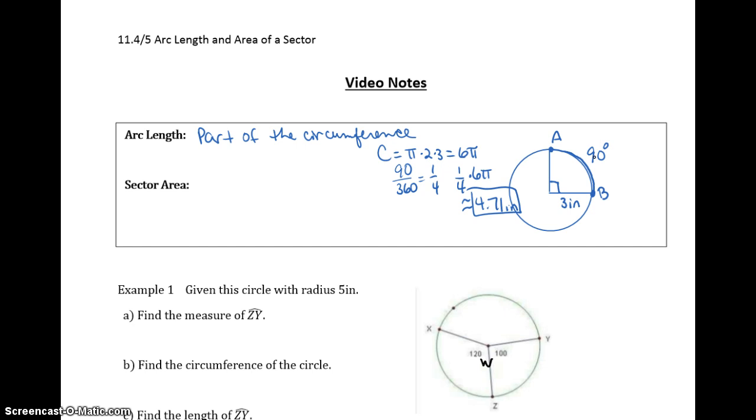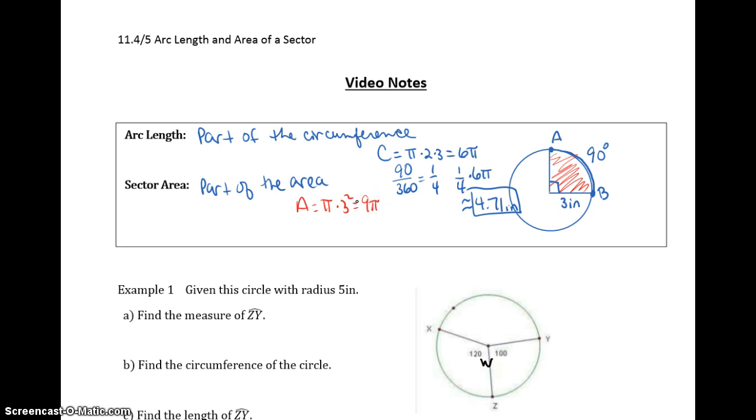Now the sector area is just part of the area. And so if we look at the sector that's formed by this 90-degree angle again, this area, we want that portion of the area. Well, the area of the whole circle is pi r squared, so pi times 3 squared. 3 squared is 9, so 9 times pi.